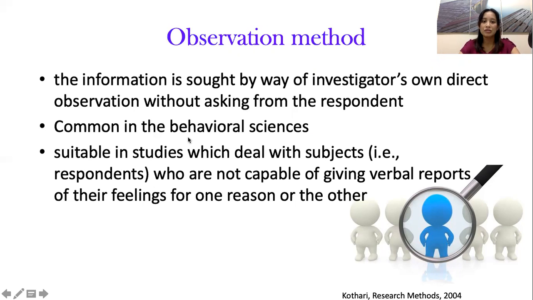This is usually common in behavioral sciences, suitable in studies which deal with subjects who are not capable of giving verbal reports. So an observation method example would be, let's say, you're observing patients with autism spectrum disorder and you want to observe their behavior, or observe people in a certain tribal community. You can do that also.